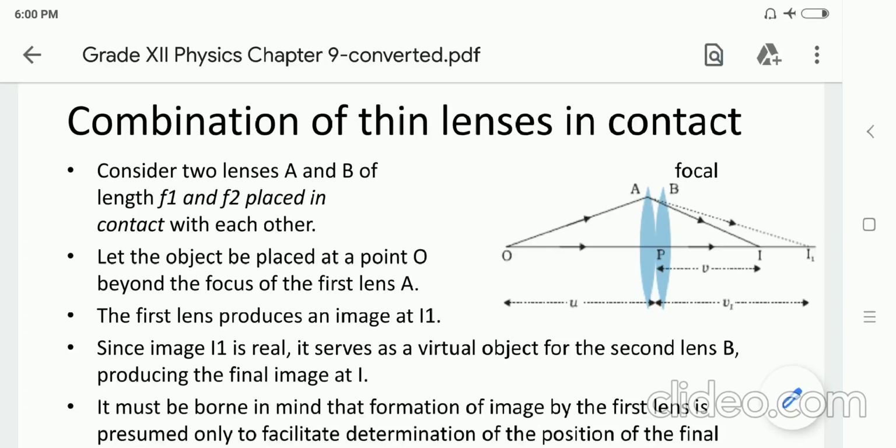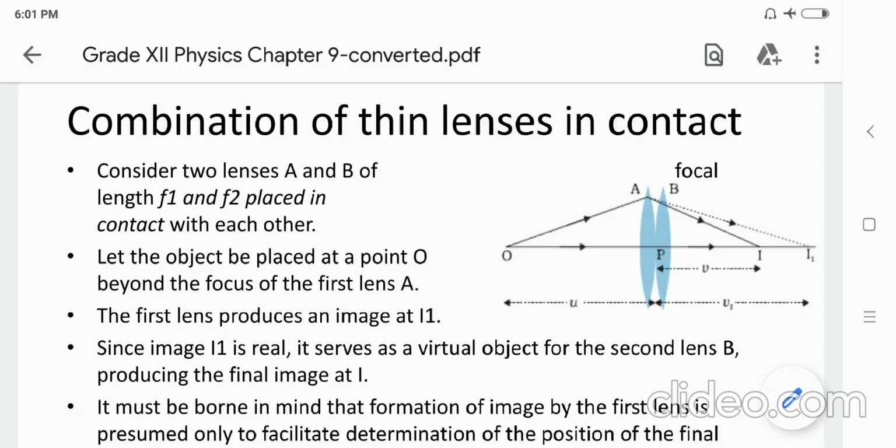And the image formed by the second lens B is 1 upon V minus 1 upon V1 equal to 1 upon F2, because the image generated by the first lens is considered as the object for the second. So that distance is V1, the object distance, and the final image will be generated at distance V, that is at I.